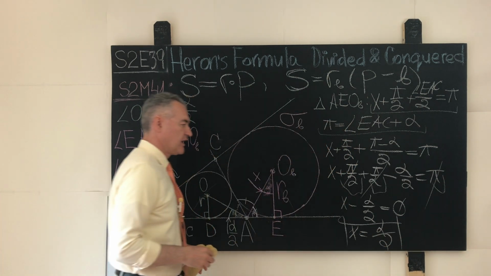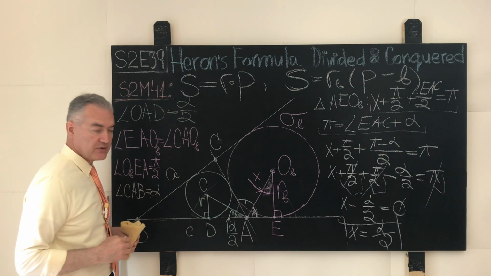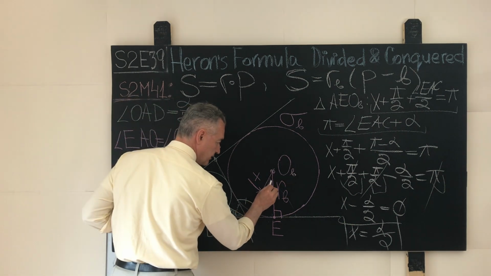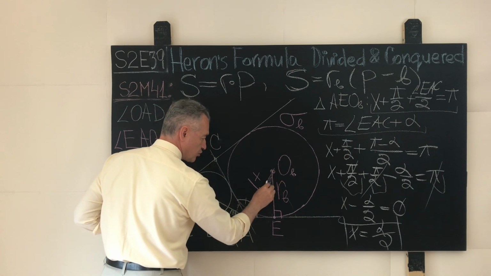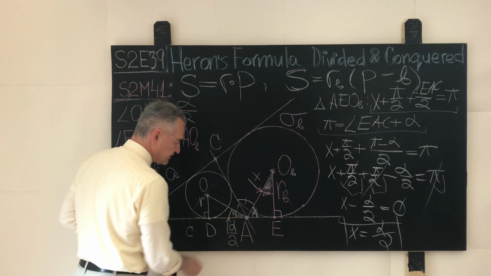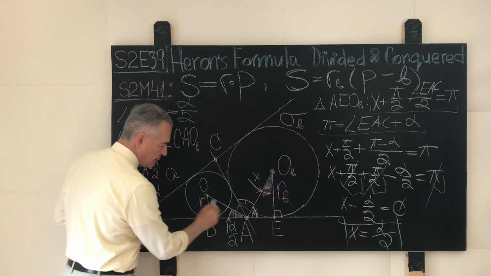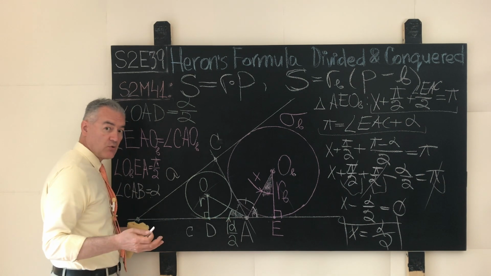This is exactly what we wanted to show, and this is what we opened this episode with. The magnitude of the interior angle at the point O, at the center of the ExCircle, is equal precisely to the magnitude of this angle right here. And this angle over here, alpha over 2, is generated by what?